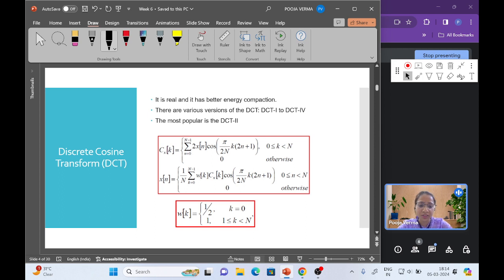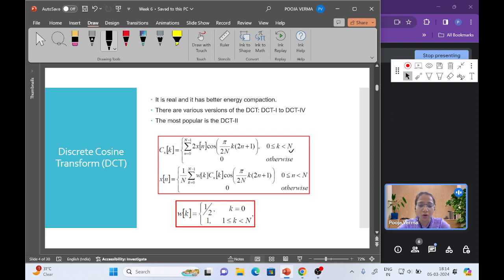So what is the formula of DCT? DCT for a one-dimensional signal is Cx(k) = summation n = 0 to N-1 of x(n) cos(pi/2N × k(2n+1)) for a finite duration signal, that is k varies from 0 to N, and 0 otherwise.